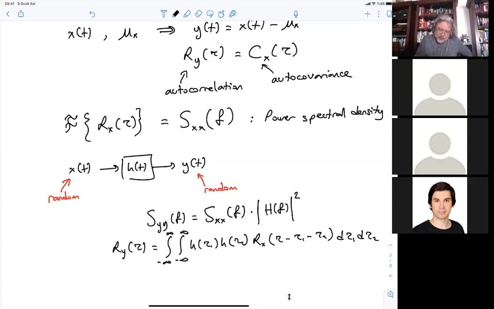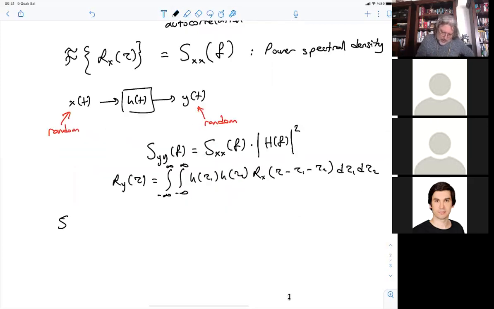Clearly, the frequency domain representation is way easier to remember and to interpret. The interpretation is as follows, by the way. The power spectral densities are always positive. Let's write it. Sxx of f is always positive for all frequencies.